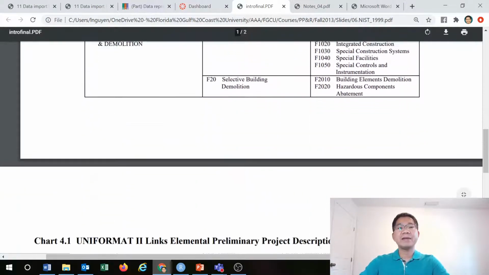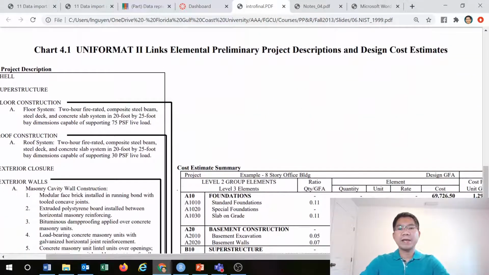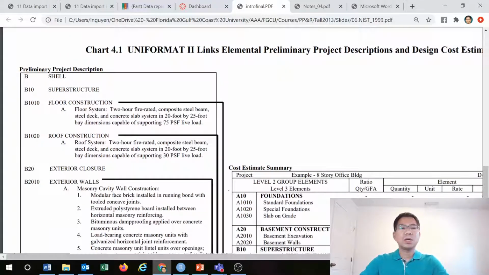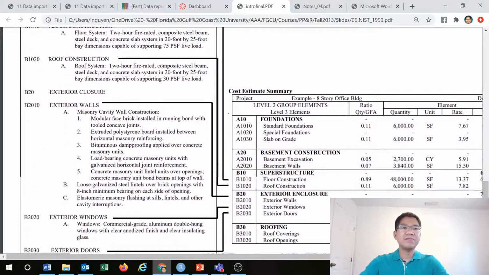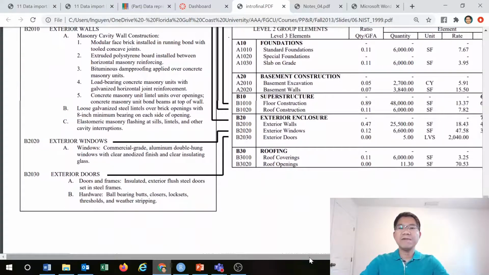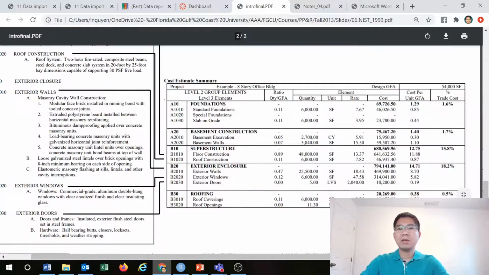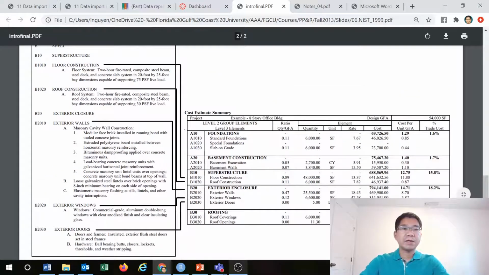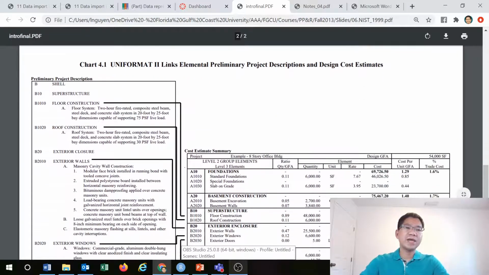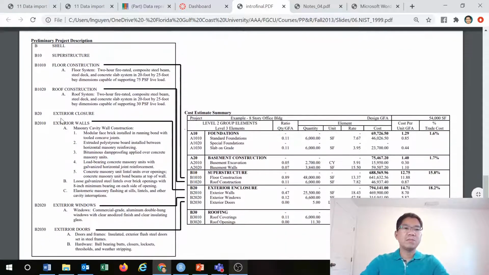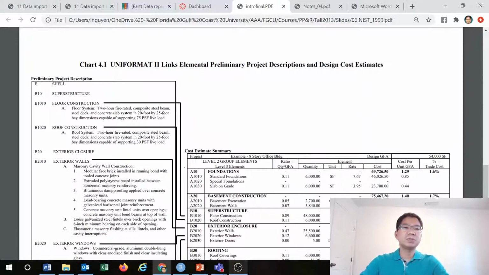And then how people link, for example, one project with different classifications to different items that apply for that project. So you see the cost estimate summary. So let's go down here. You have that here. So yes, there is classification for different components or different systems based on the Uniformat tool.